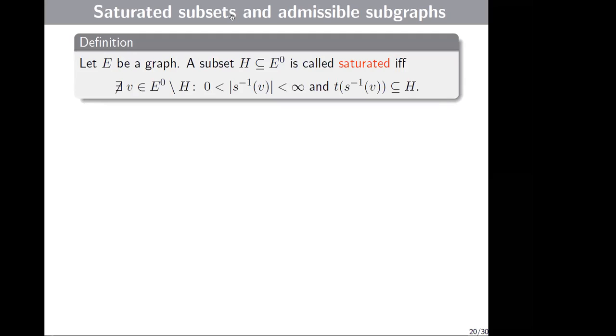Such vertices are called regular. So it's not a sink because it emits at least one edge. So the preimage of the source map has at least one element, but it's a finite emitter, okay? Such vertices are called regular. So what we have to make sure of is that there does not exist a vertex outside of our set that is regular and it has the property that all its arrows shoot into the set, okay?